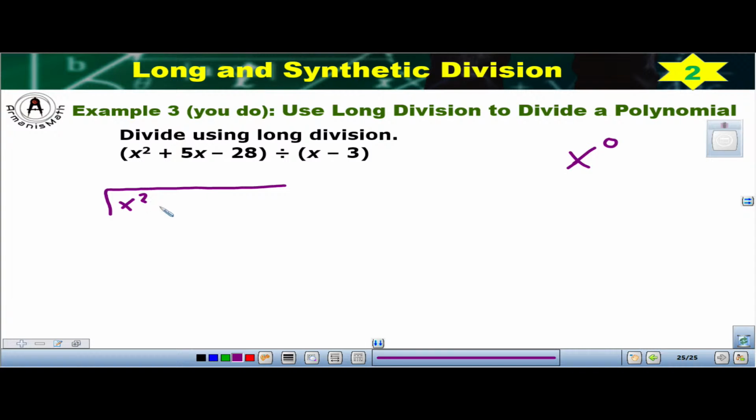I'm dividing by that, so I'm just going to make my long division sign. x squared plus 5x minus 28, divided by x minus 3. What do you think I'm going to do first?